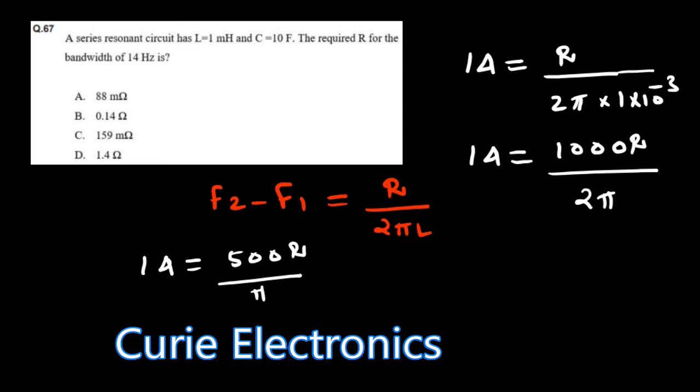Now R equal to what? R equal to 14 upon 500 multiplied by pi.